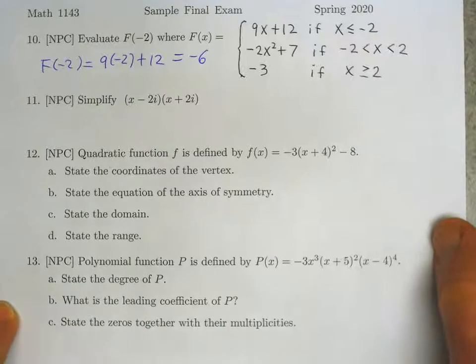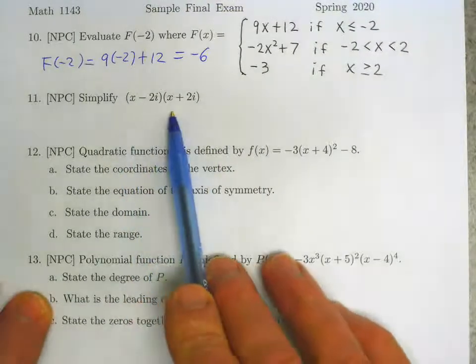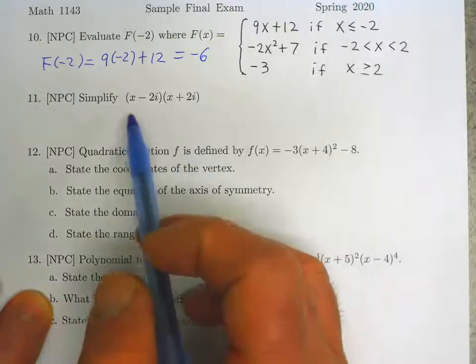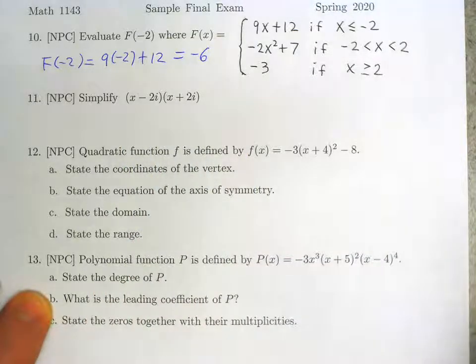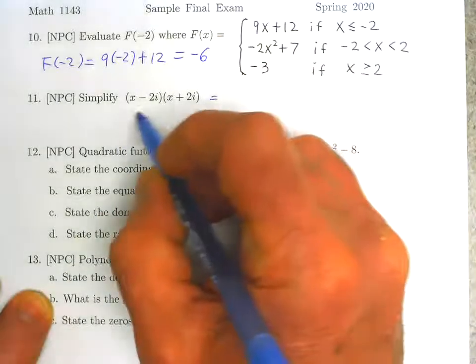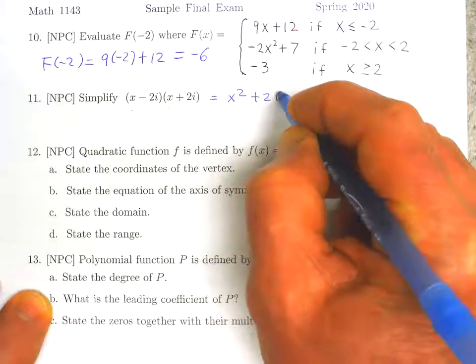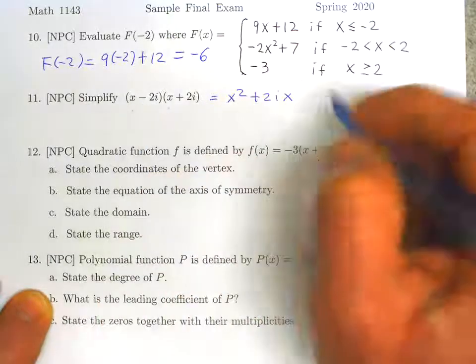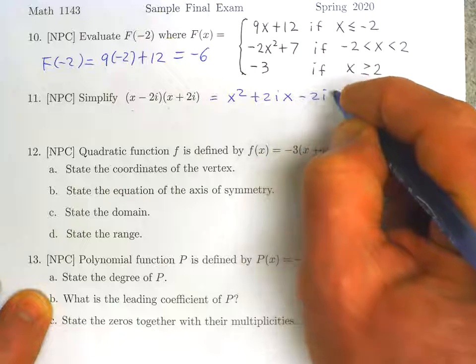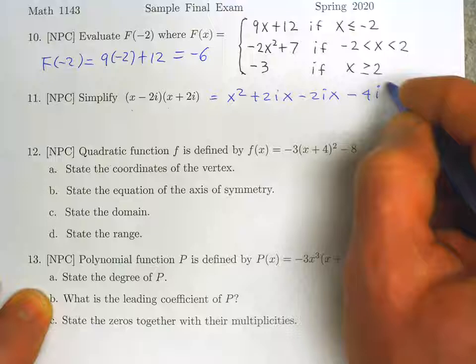Okay, and number 11, simplify x minus 2i times x plus 2i. Multiply those the same way that you would multiply any two binomials. So x times x is x to the second, and then plus 2ix, and then minus 2ix, and then minus 4i to the second.